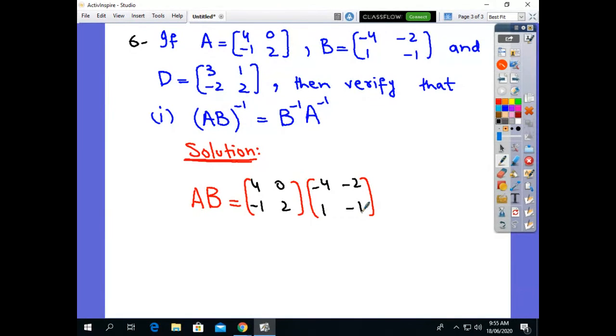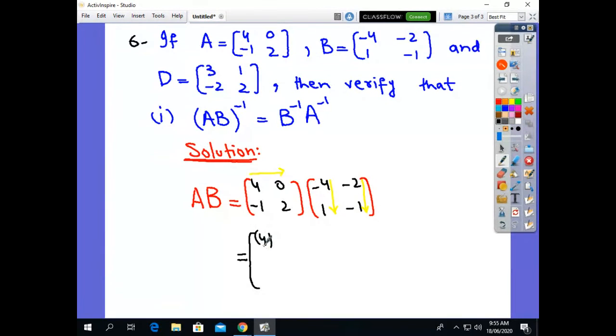First of all, we multiply these two matrices with each other. In multiplication, we multiply the first row with the first column, then the first row with the second column. Now we multiply these two matrices.